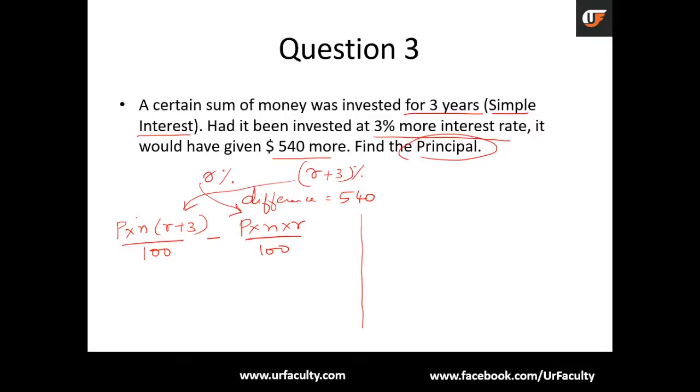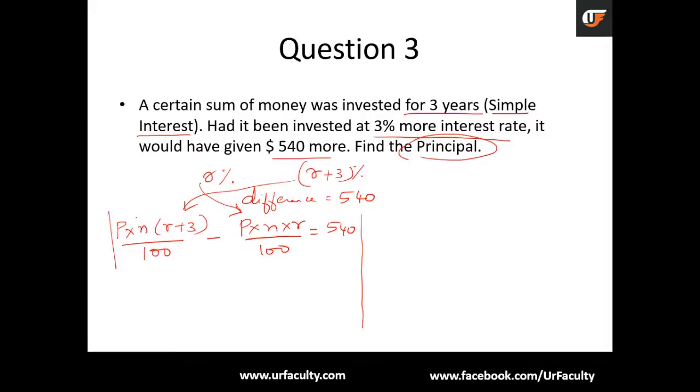This one is equal to 540. I think it's pretty simple. The difference of both the interest is equal to 540. Now you just need to solve this equation, and I'm sure it's not as complex as it looks.